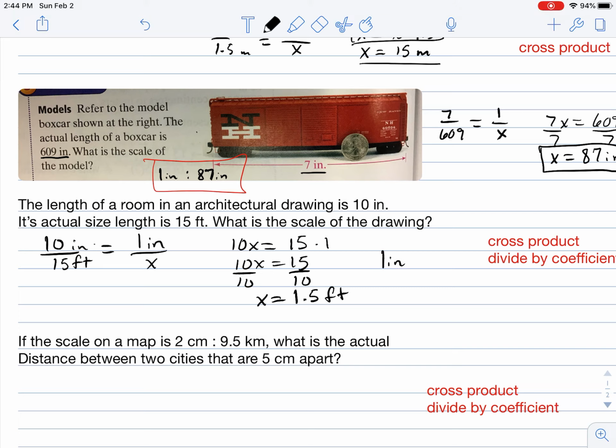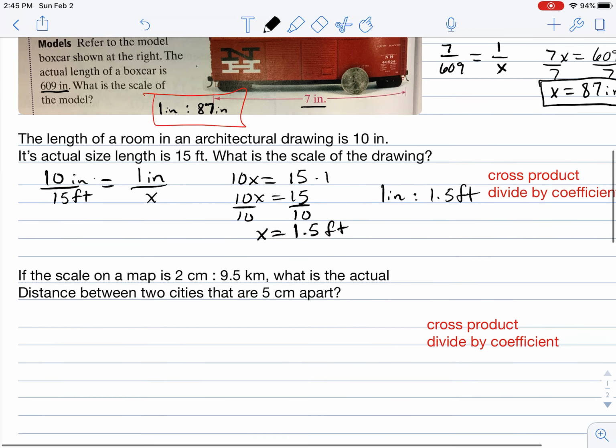Our scale is 1 inch to 1.5 feet. So those are the two ways: we're given the scale and we've got to find the actual dimension of a part based on its length in the drawing, or else we're given the length of the drawing and its actual dimension, and we've got to find the scale. Now we've done that.